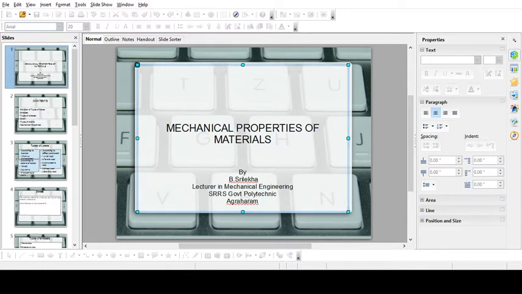Next, we have also discussed distributed load. The load which may be uniformly or non-uniformly distributed over a length, over a span, or over an area is distributed load.